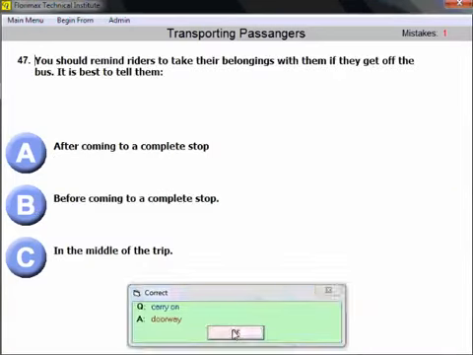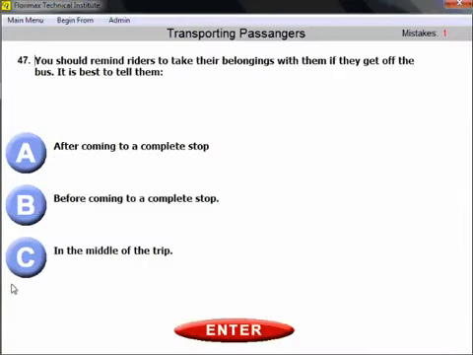Okay, doorway. Question number 47. You should remind riders to take their belongings with them if they get off the bus. It's best to tell them, definitely before. That should be easy. That's again general rule of the keywords.